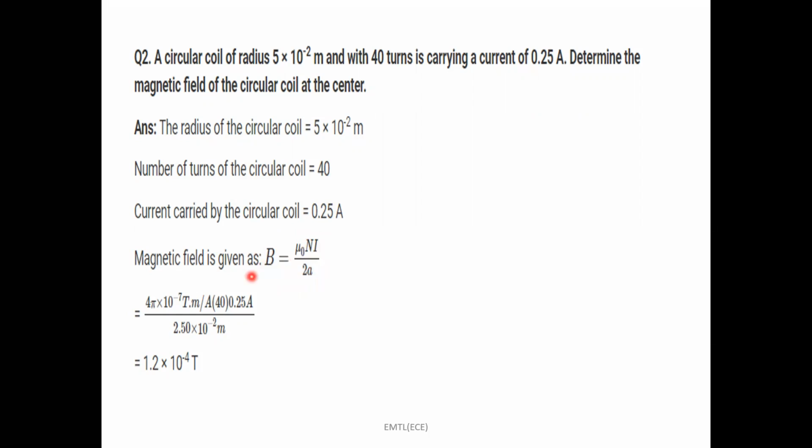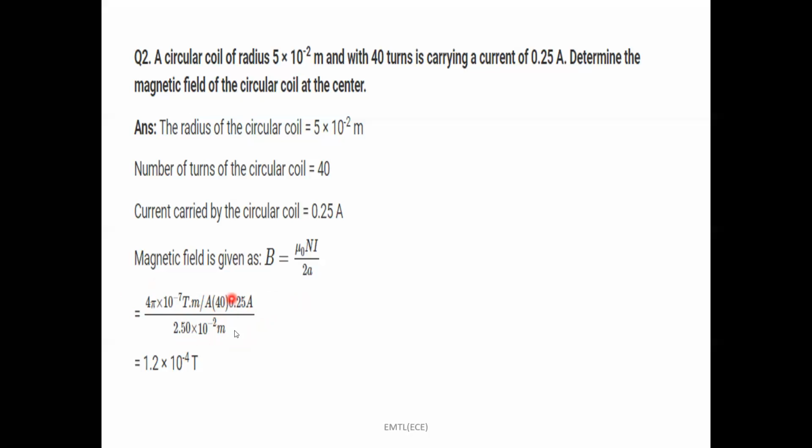Here mu naught is a constant, equal to 4 pi into 10 power minus 7 Henry per meter, the number of turns is 40, the current is 0.25 amperes, and 2A is 2 into the radius of the circular coil, that is 5 into 10 power minus 2 meters.